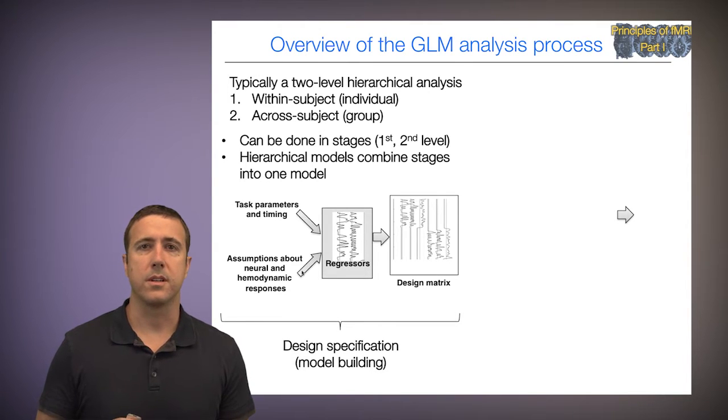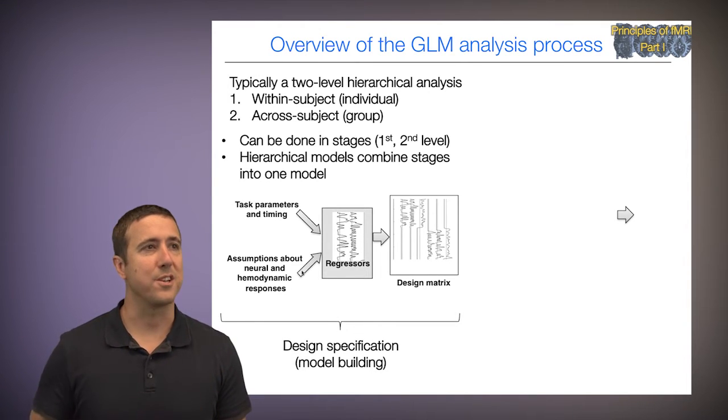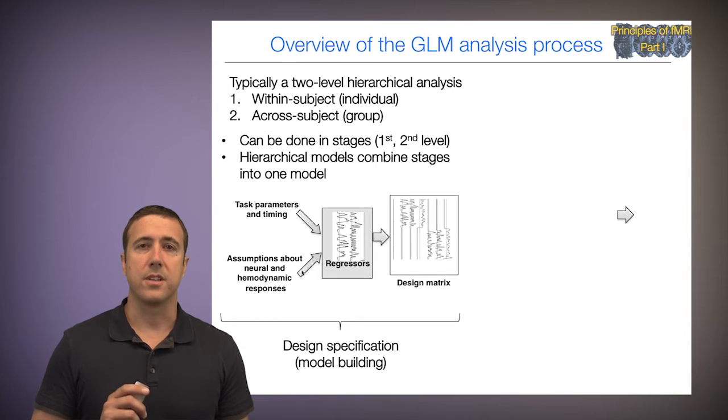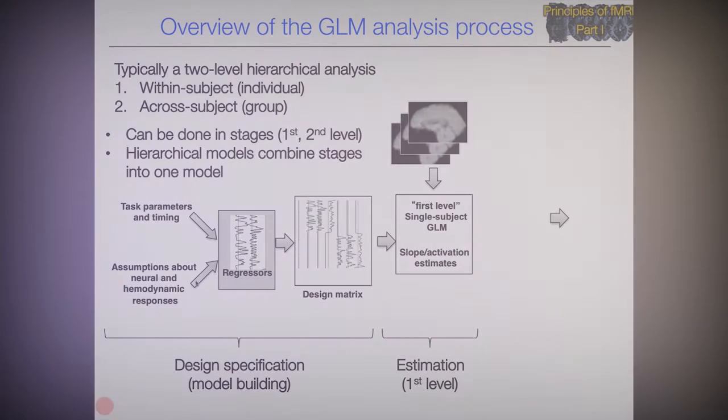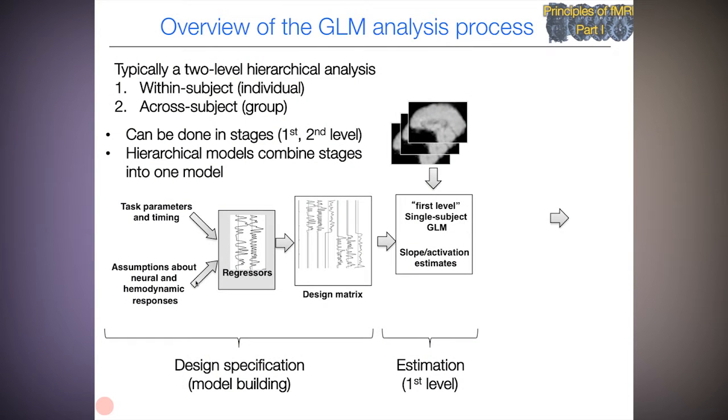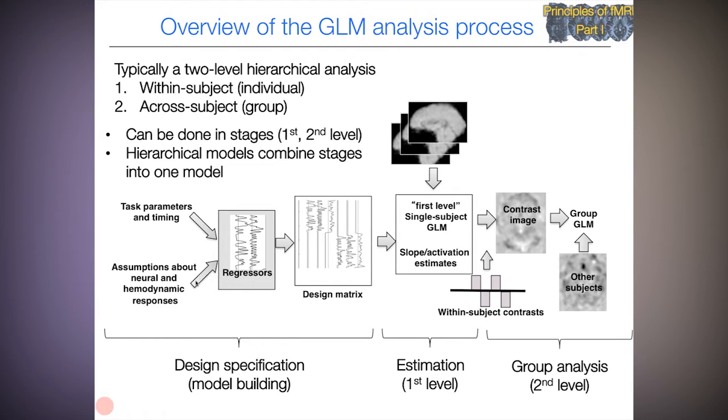The way it works is like this. There are several stages. First of all, there's a design specification stage where we build a model, and the goal is to build a design matrix. The second stage is the estimation stage, where we combine the model with the actual image data, and we estimate slope or activation parameter estimates for every person.